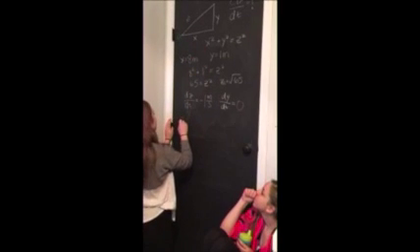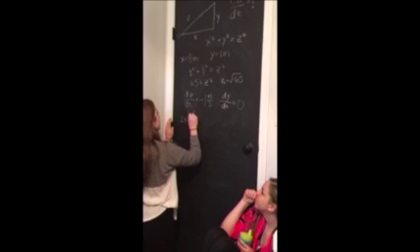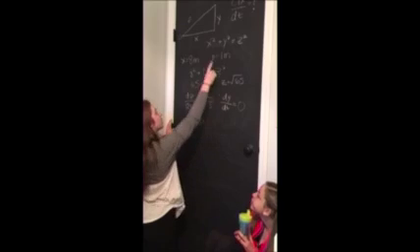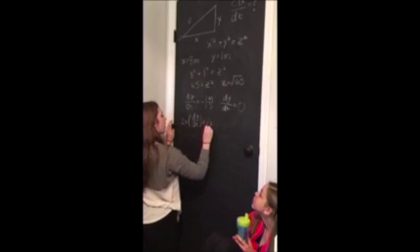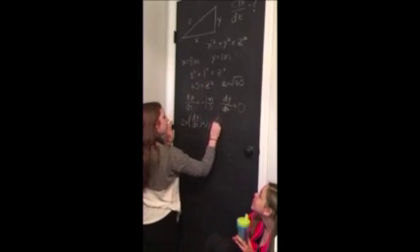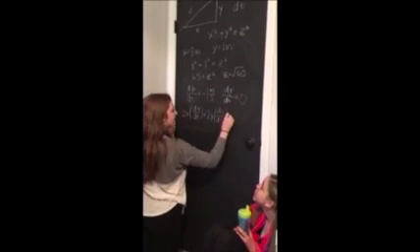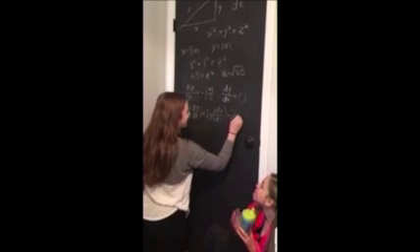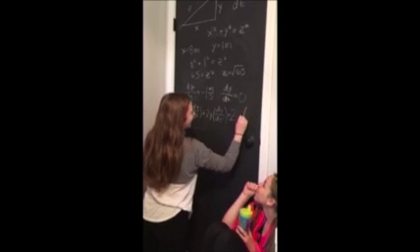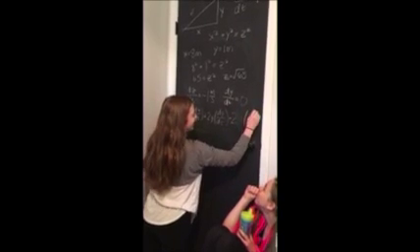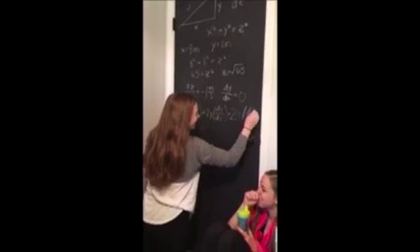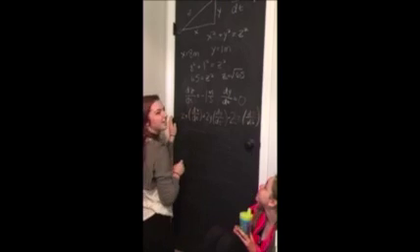We got 2x times dx over dt plus, power rule, 2y times dy over dt is equal to 2z times dz over dt.